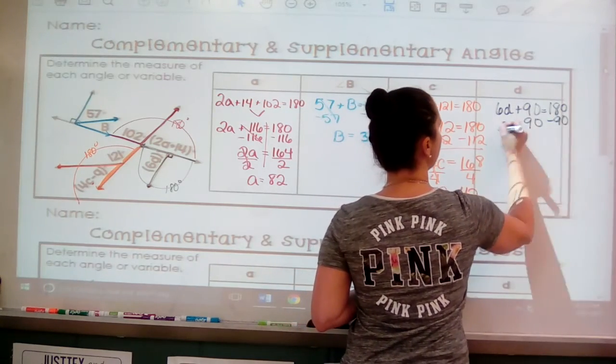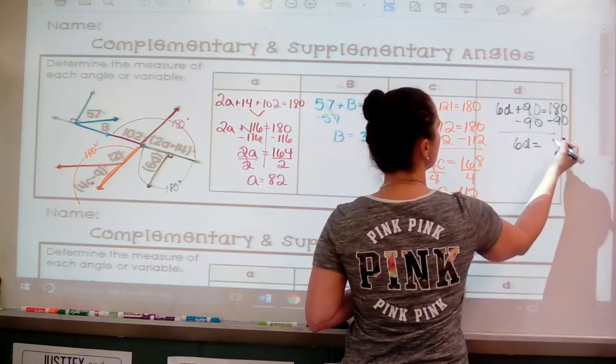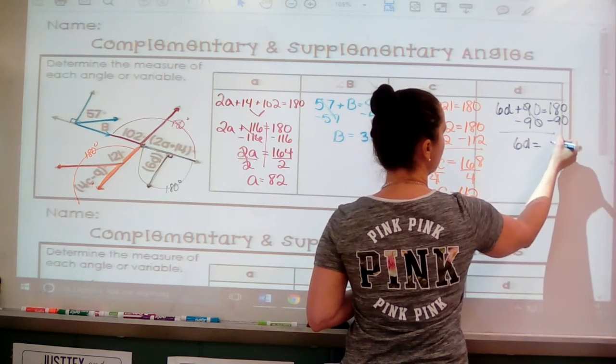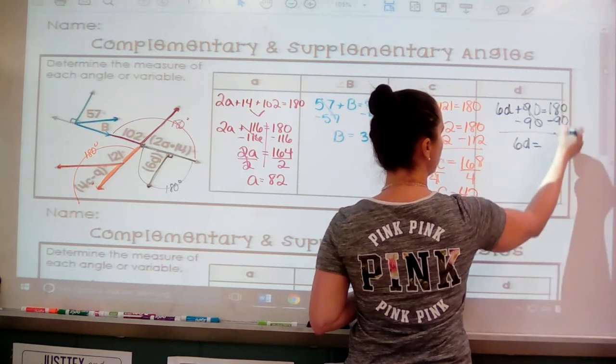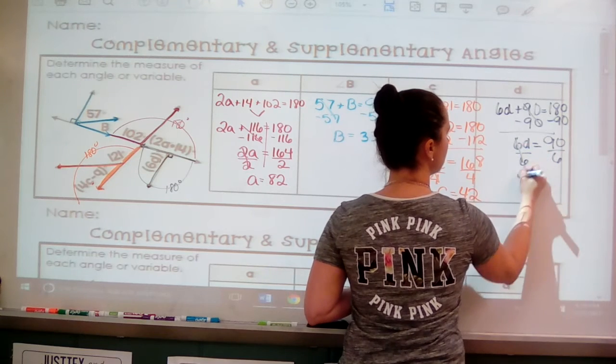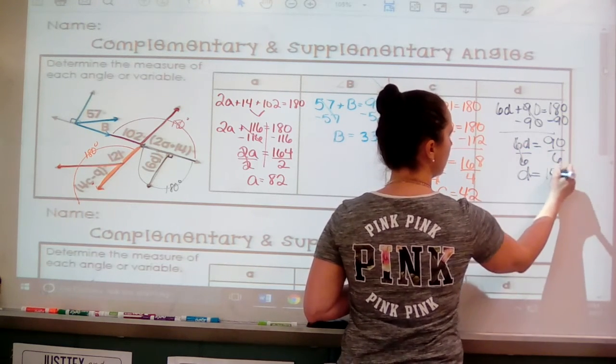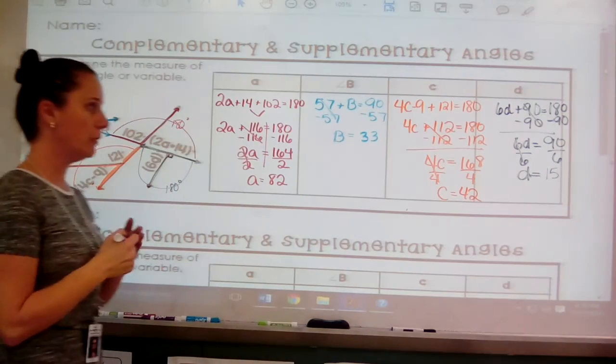When I solve, I get 90 divided by 6. So D should be equal to 15.